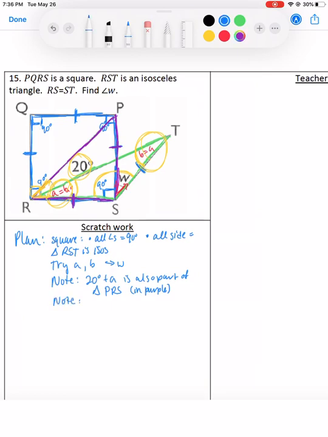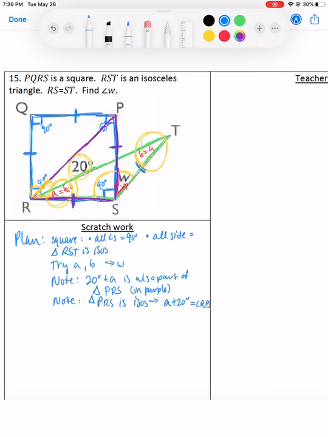So note triangle PRS is isosceles, which is lucky for us, that A plus 20 degrees is equal to, whatever we want to call this angle up here, angle RPS.